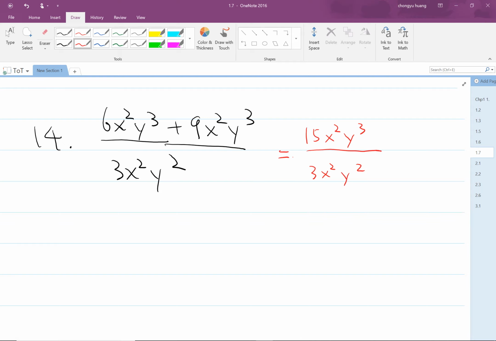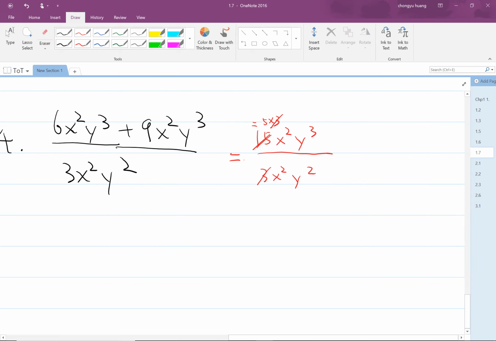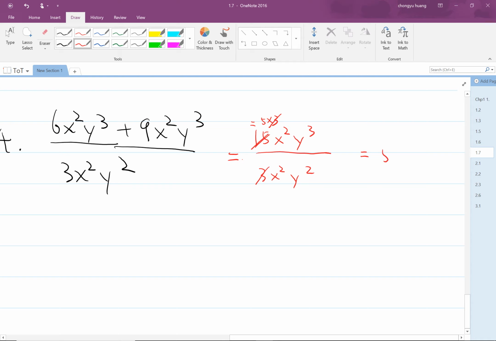Here we have a 3 and then we have 15, and 15 is actually equal to 5 multiplied by 3, right? So 3 is gonna cancel, and then there's only 5 left. So you write it down, 5.